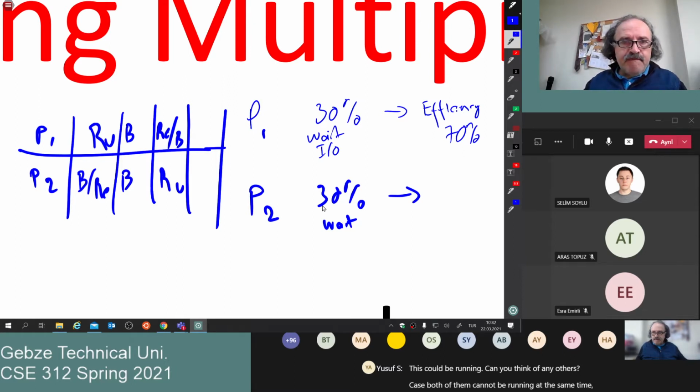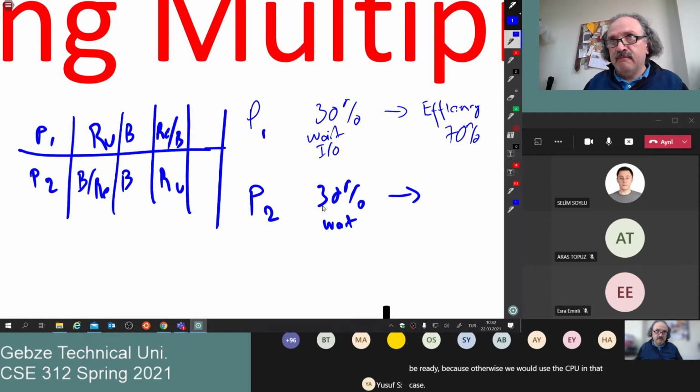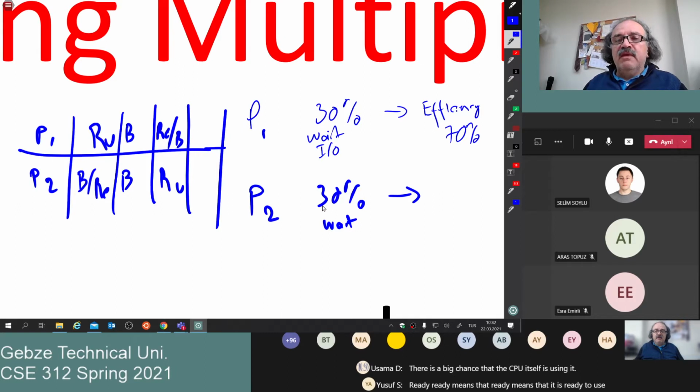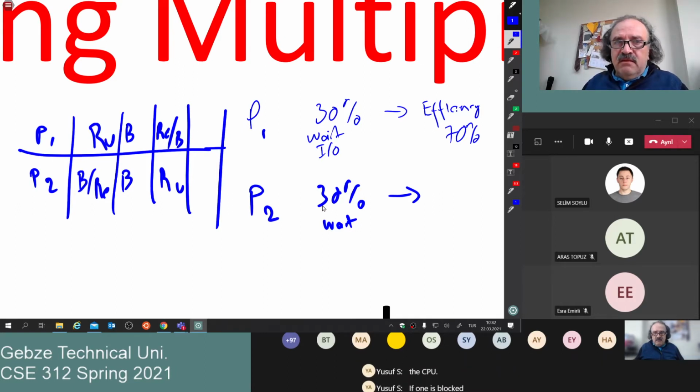One can be blocked, the other can be ready. That cannot happen. But let's assume one of them is blocked. The other one cannot be ready because the other one would use the CPU in that case. But we said there is like 30% wait, so there is a big chance. Ready means that it is ready to use the CPU. If one is blocked, the other one cannot be ready, because if one is blocked, the other one is running.